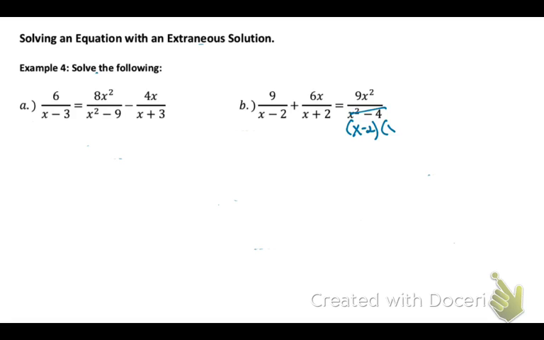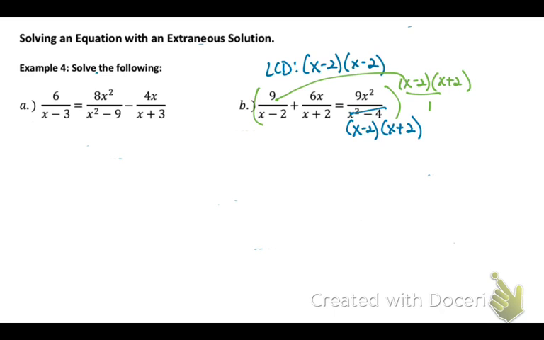So I factor my denominator here. And then I see my common denominator will be x minus 2 times x plus 2. I'm going to group that entire equation and multiply it by my common denominator over 1. So when I distribute it to my first rational term, my x minus 2's divide out, and I get 9 times x plus 2.